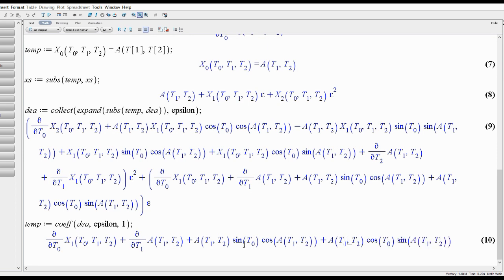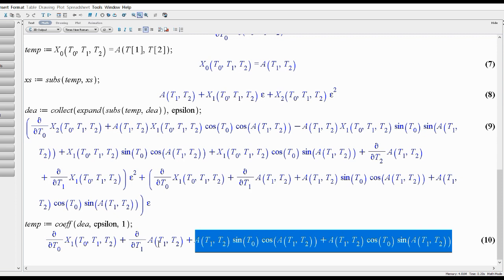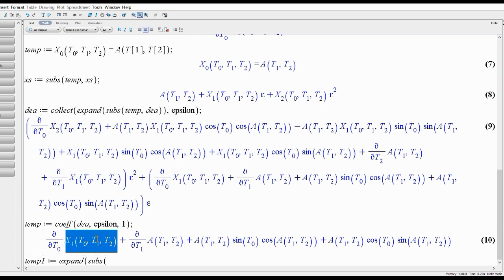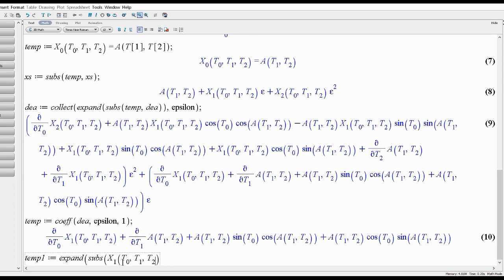The T0 average of this has to be assigned to this, right? So temp 1 is equal to, you will see the similarity with averaging, right? Expand, substitute. We'll just temporarily put this equal to 0, and this derivative equal to 0.